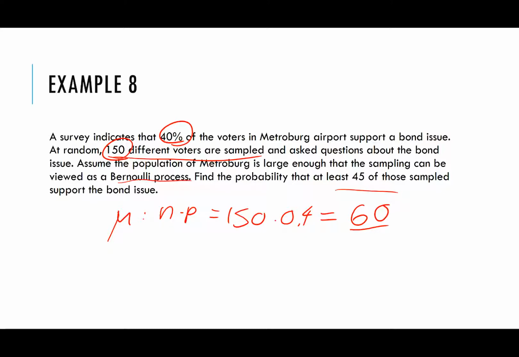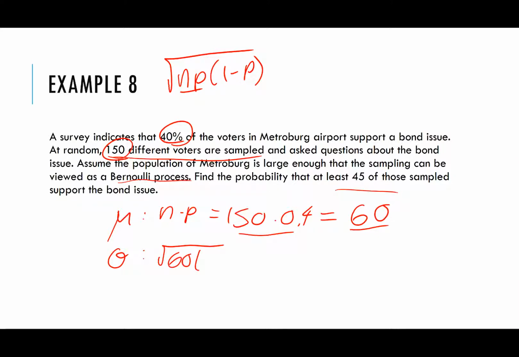That's our mean, and we're going to type that in the calculator. Our standard deviation is the formula I'm going to write up here: n times p times 1 minus p. I already know n times p; we just calculated that, it's 60. 1 minus p is 1 minus 0.4, which is 0.6.